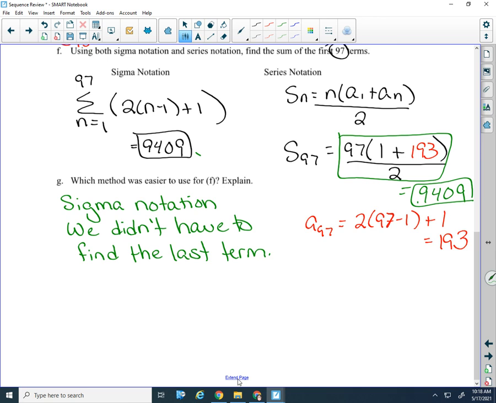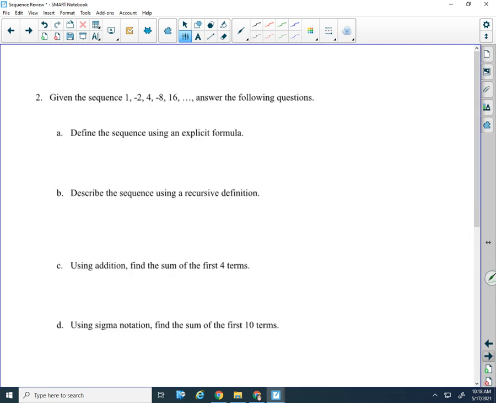So now what you guys are going to do is page 22. It's the same questions, but it is a geometric sequence. So pause the video, come back to it, and check your work.